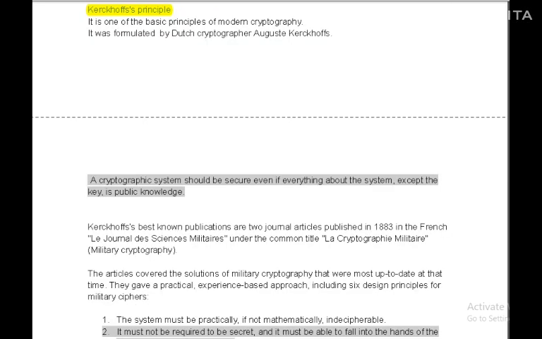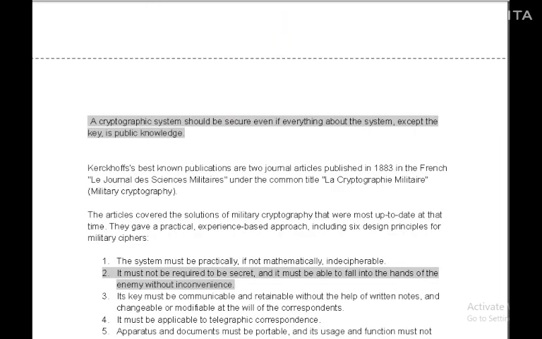Kirchhoff's principle is a basic principle for modern cryptography and was formulated by the Dutch cryptographer Auguste Kerckhoffs. The principle states that a cryptography system should be secure even if everything about the system except the key is public.